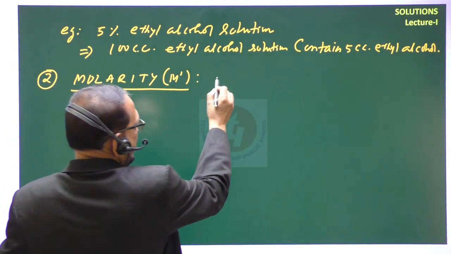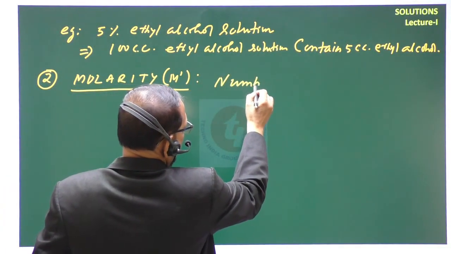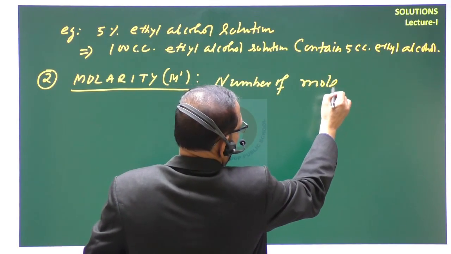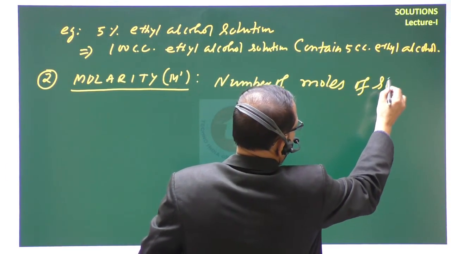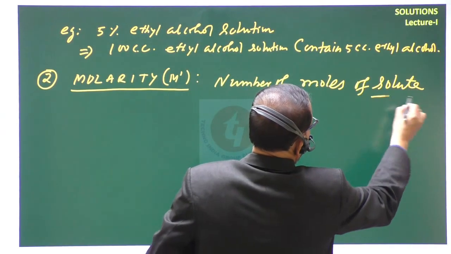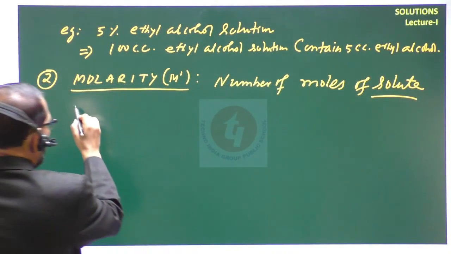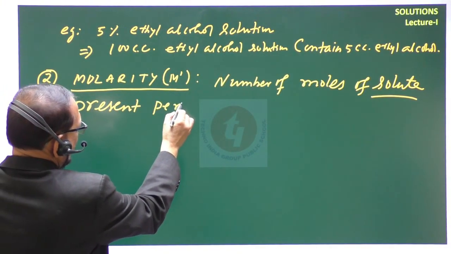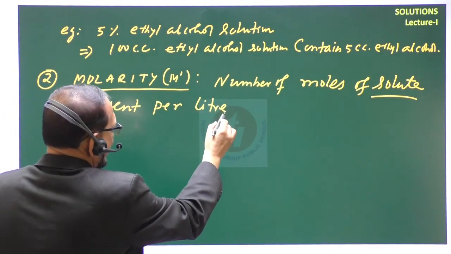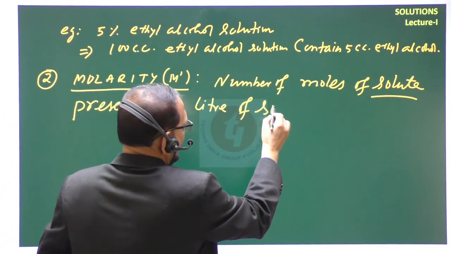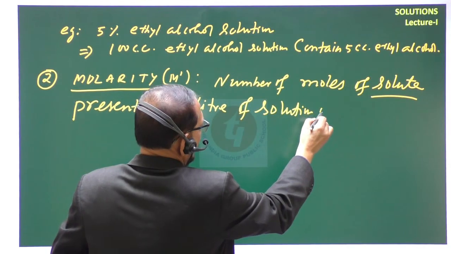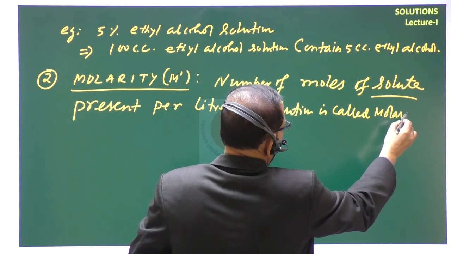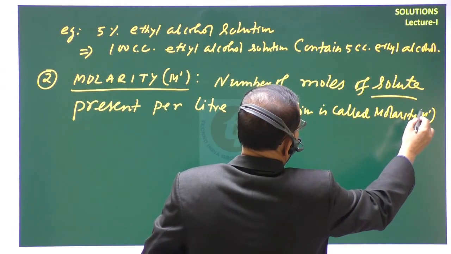So the definition is: the number of moles of solute present per liter of solution is called molarity, M dash.